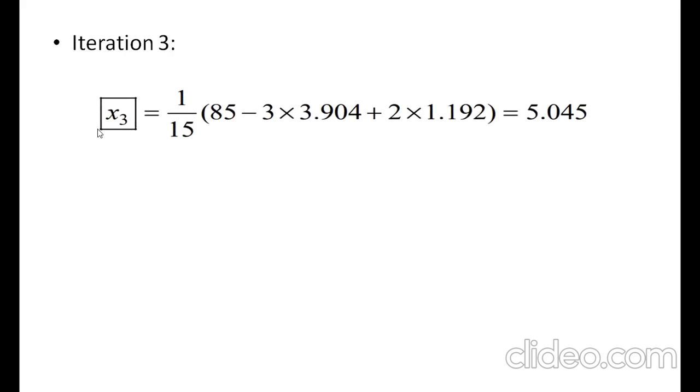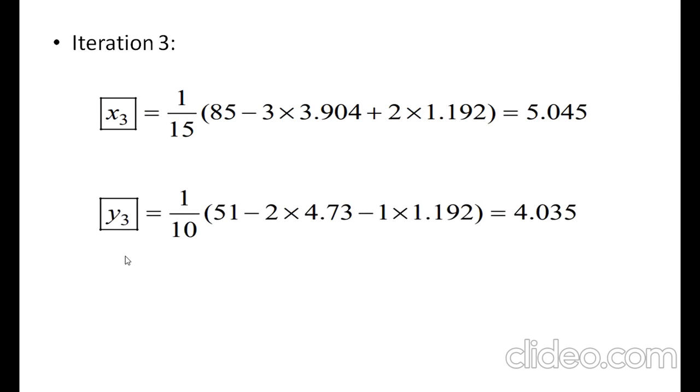For iteration 3, x3 will be, here we have to put the respective values of x2, y2 and z2 of the previous iteration. So x3 is equal to 1 upon 15 in bracket 85 minus 3 into 3.904 plus 2 into 1.192, which is equivalent to 5.045.